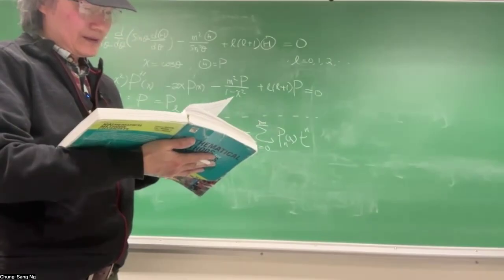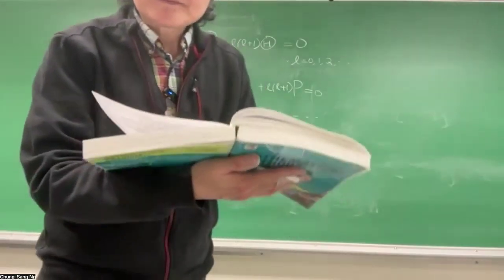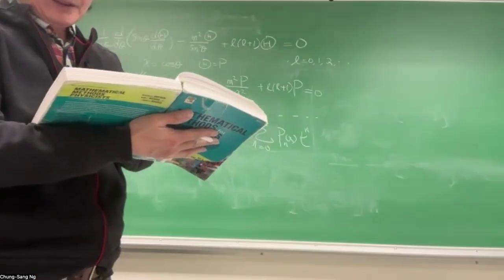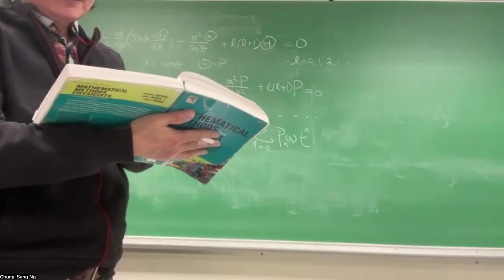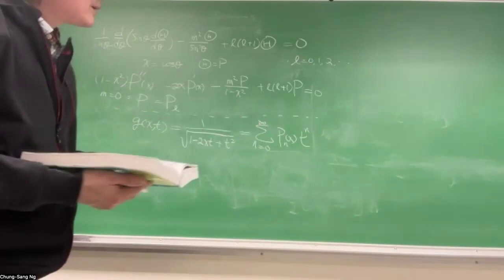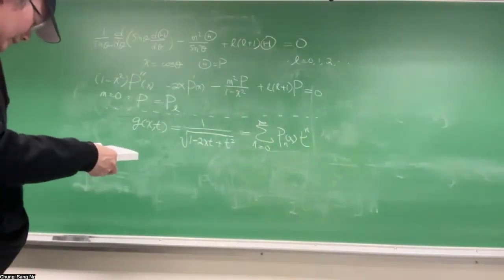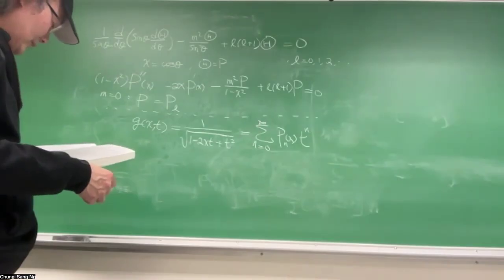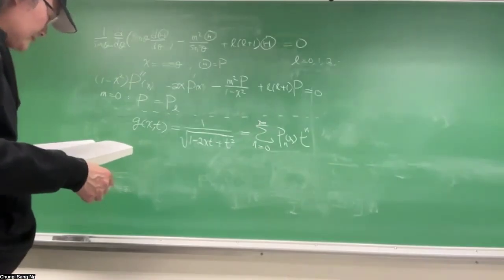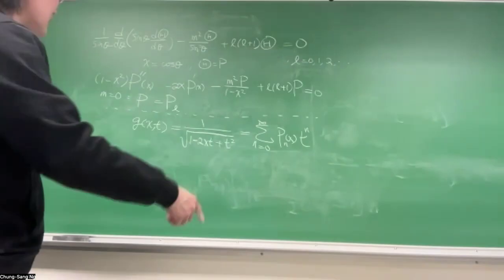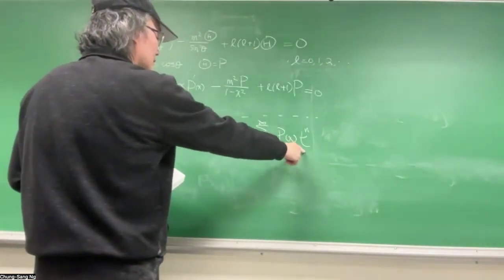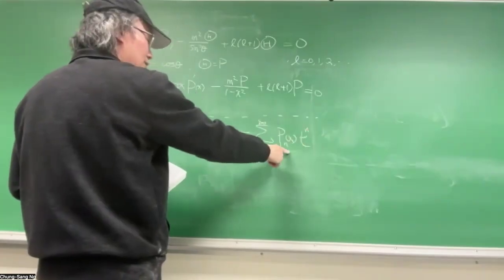Another way to show it is to use the generating function as an expansion in powers of t, so you get the P sub n.